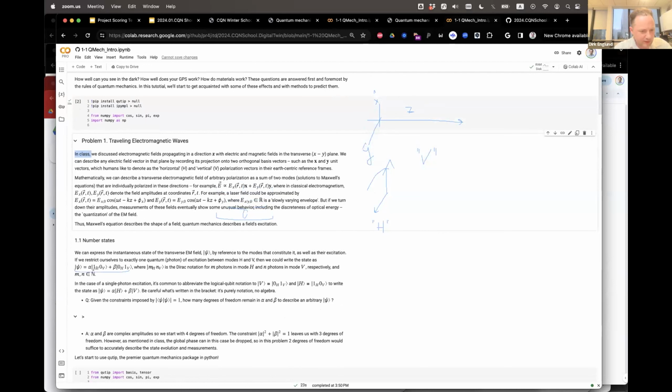Now, this state is a qubit. Why? Because a qubit is a system in which you have two levels. The first level is one excitation in the H, let's say the H being this polarization, and zero excitations of the electromagnetic field in the V direction, and vice versa.